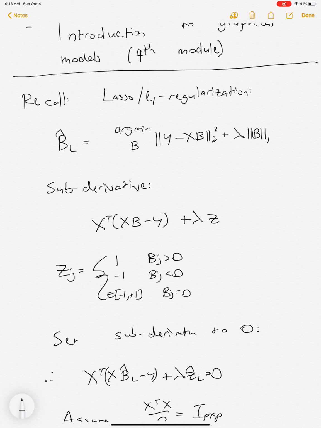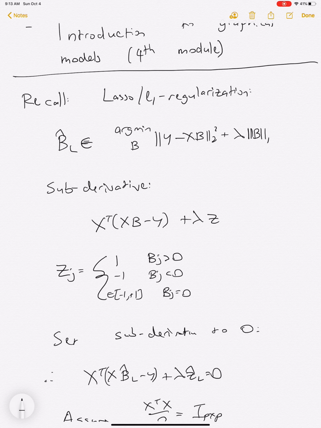Just recall that the lasso estimator is the argmin of the mean squared error plus lambda times the L1 regularization. And this is a convex but not a strictly convex function, so any local minimizer is a global minimizer, but the local minimizer isn't necessarily unique.